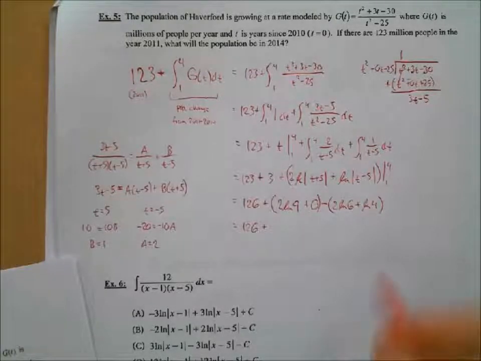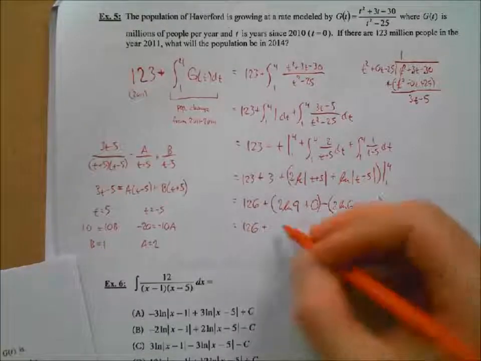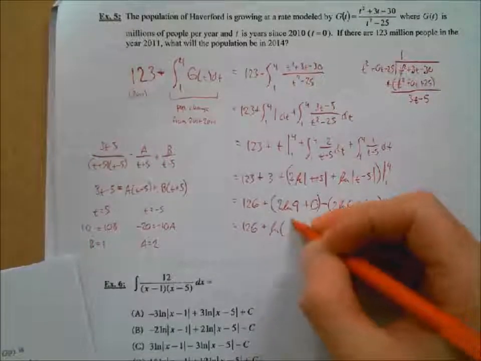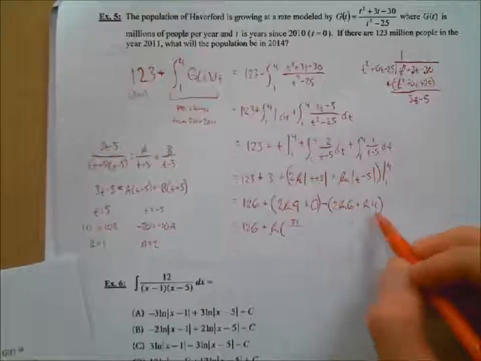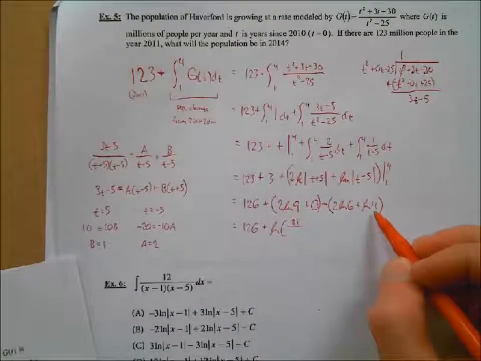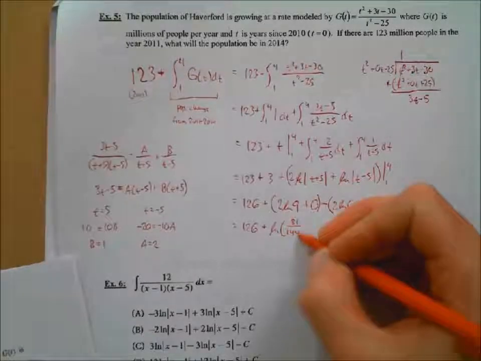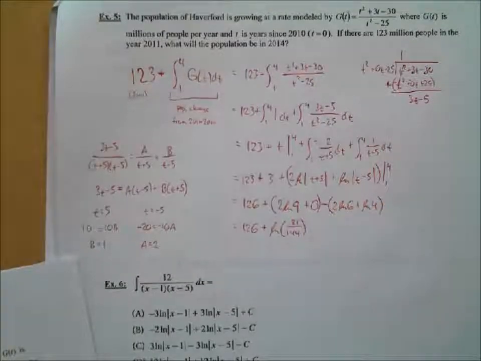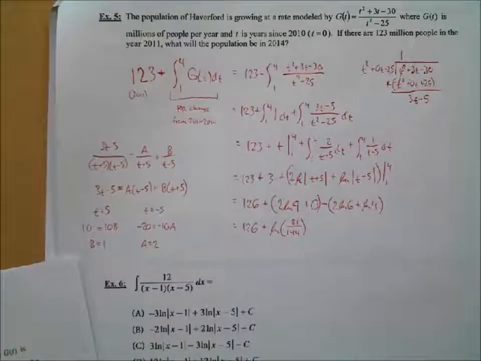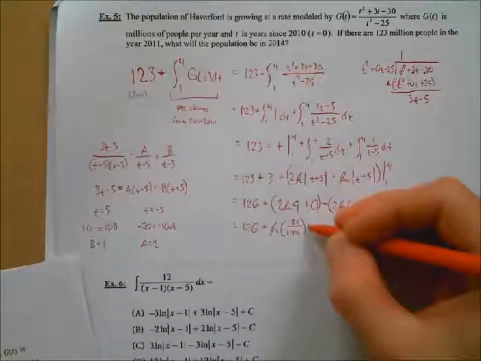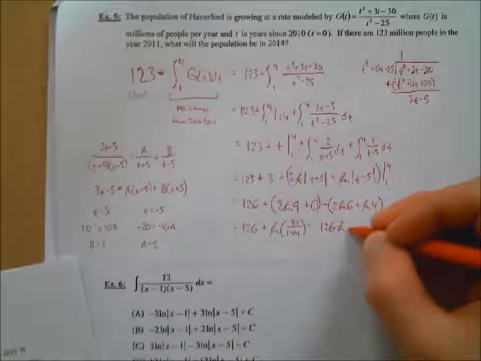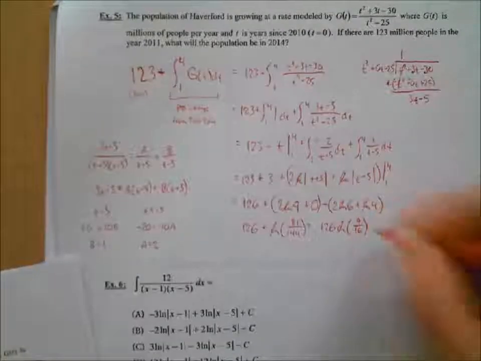So we could say the natural log of 81 over 144, since that would be 36 times 4 there. Which would simplify to 9 over 16. Oops, plus.